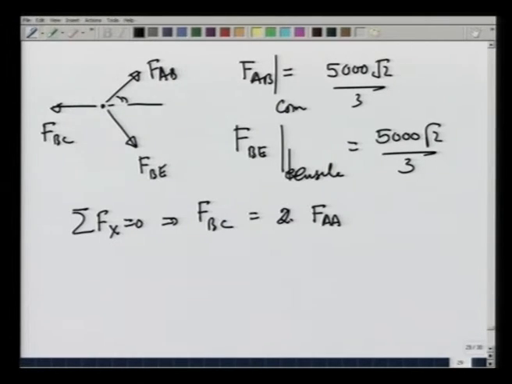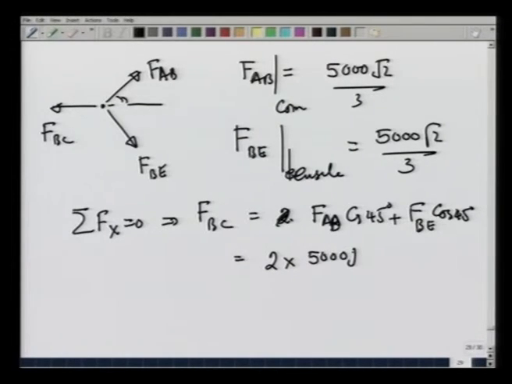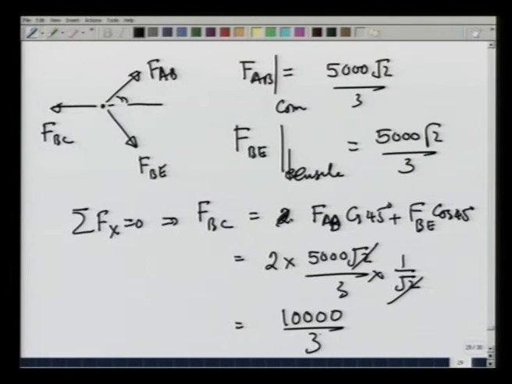So, I can write this as FAB cosine 45 plus FBE cosine 45, which comes out to be 2 times 5000 root 2 over 3 times 1 over root 2, which comes out to be 10,000 over 3 newtons.